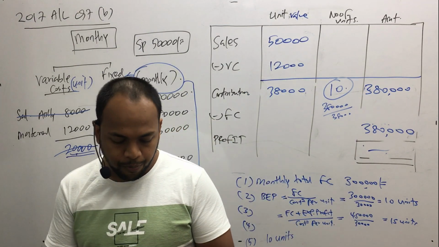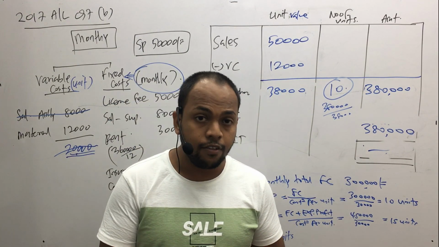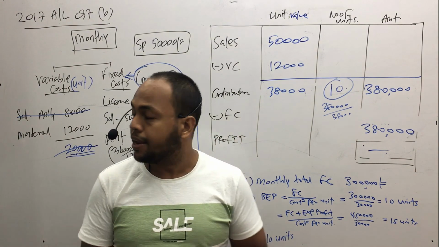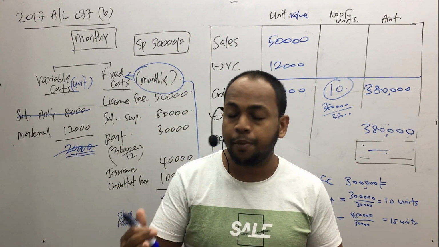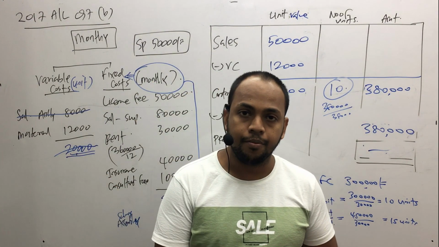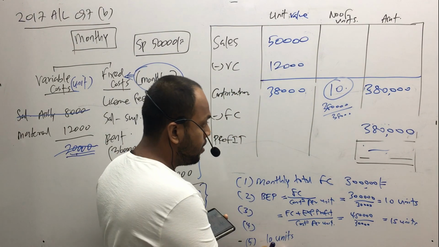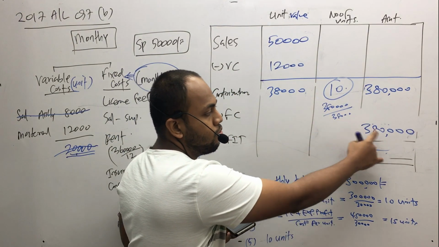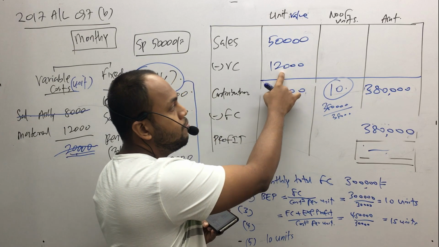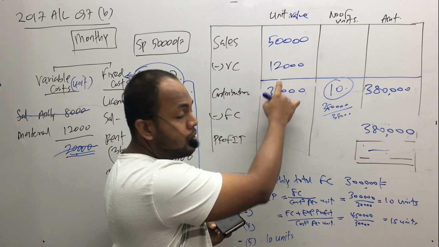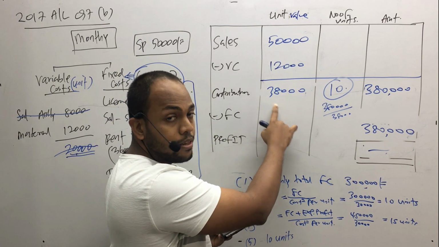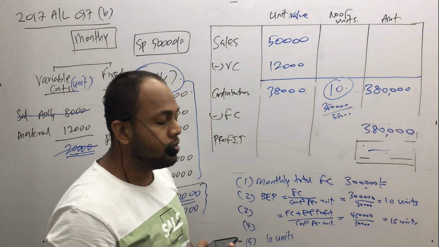So that's the number of computers to be sold if the assembly worker's salary is not paid per unit. We are paying a monthly salary. Then your answer is 10 units. So this becomes 380. This became 12. So unit contribution is 38,000. Total fixed cost is 380,000.